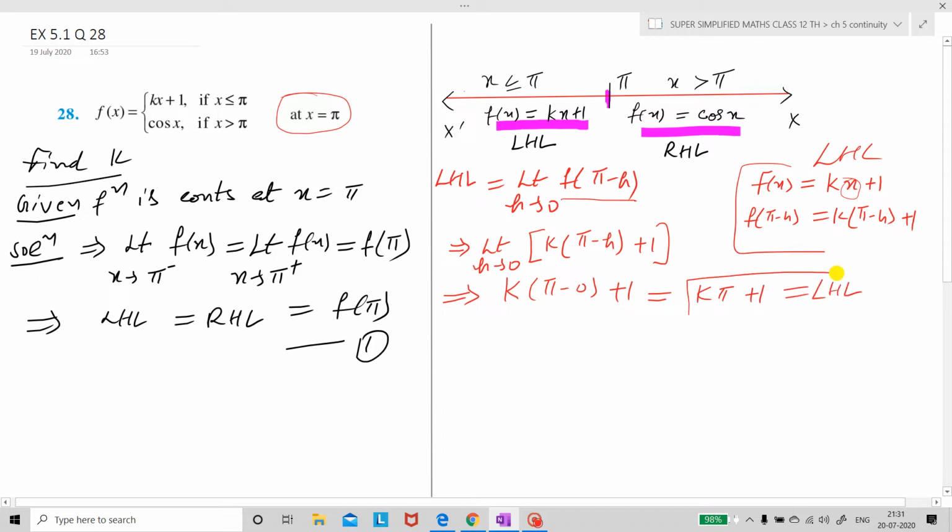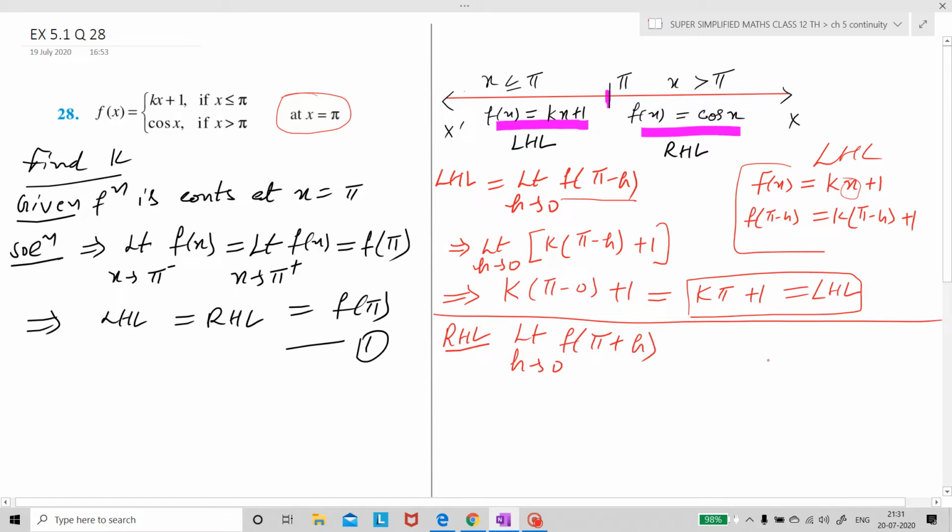Now we move to the right hand limit. The right hand limit will be limit h tends to 0 of f(a plus h), a is pi, that is pi plus h. Now we know that the function for the right hand limit is f(x) equal to cos x. From this figure you can see. Now what will be f(pi plus h)? f(pi plus h) will be cos(pi plus h).